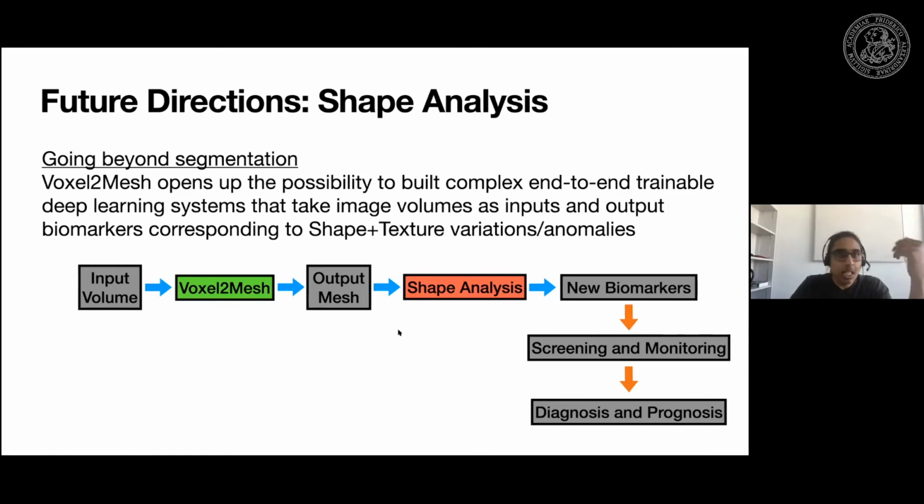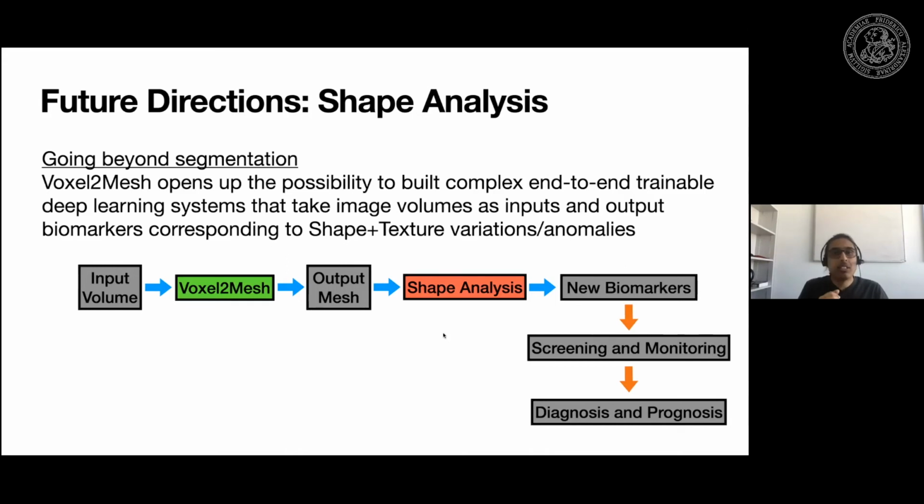But immediately, what I see is we have the segmentation. Now it's time we can train large models that take an input volume, produce an output mesh, and then do the shape analysis. So this pipeline can be trained end-to-end with the Voxel2Mesh architecture producing the meshes.